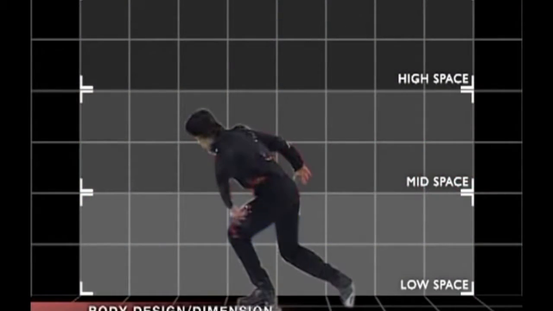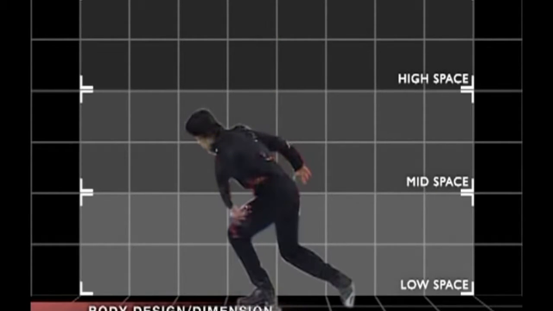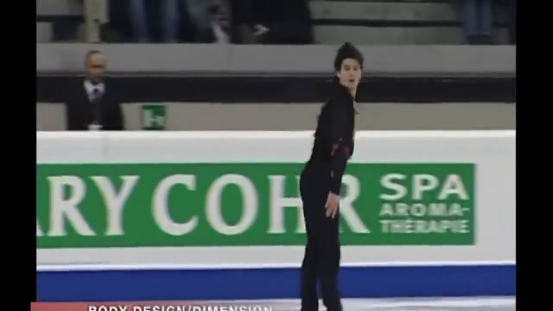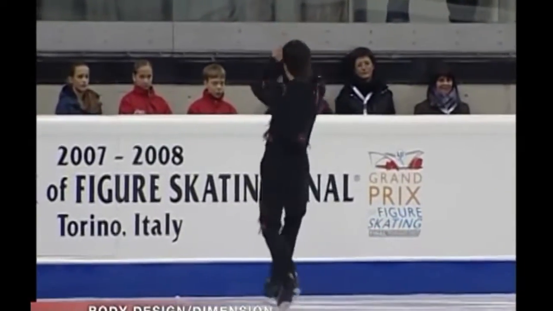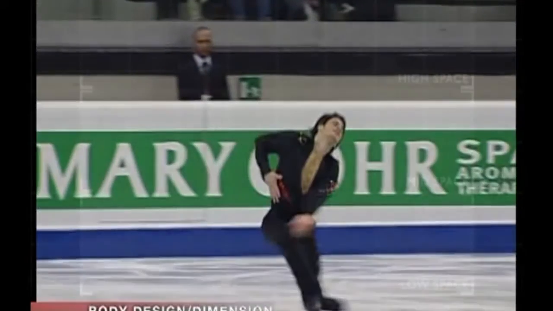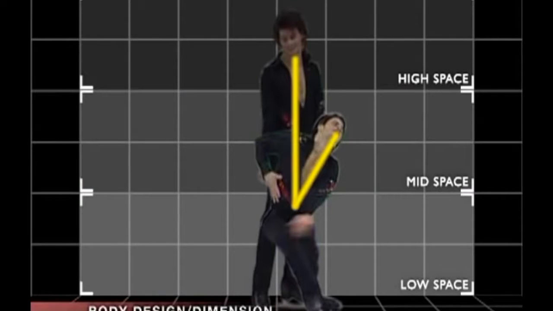The body core is now lowered into the mid-space and again extended away from the basic upright position. The skater has lowered into the mid-space with the upper body reaching off-center from the basic upright position.